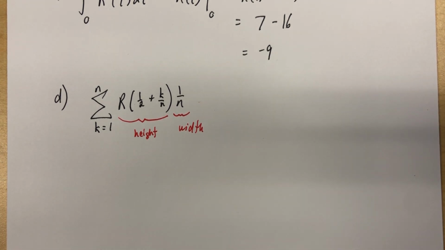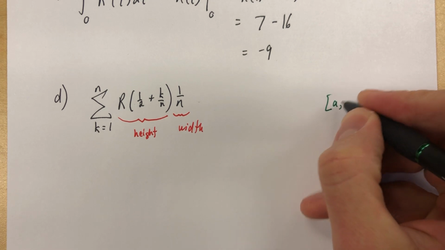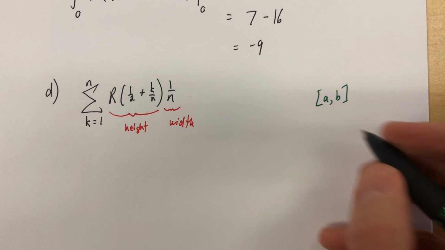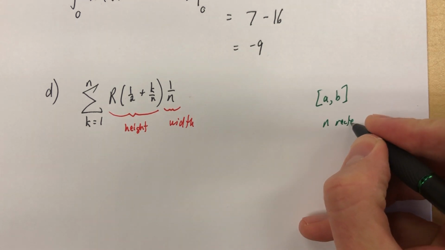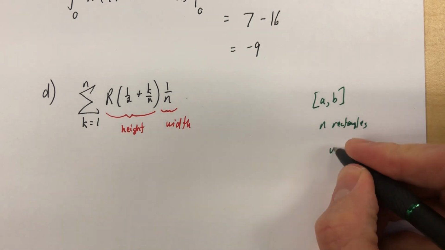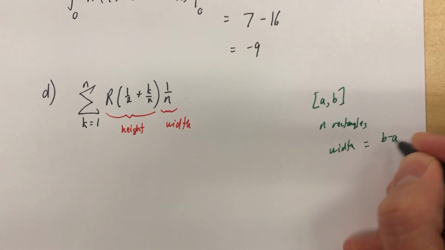I am going to figure out what the width actually represents. Hopefully back in the day you recall that if I go from a to b on some interval and I have n rectangles, then the width of a rectangle is equal to b minus a over n.